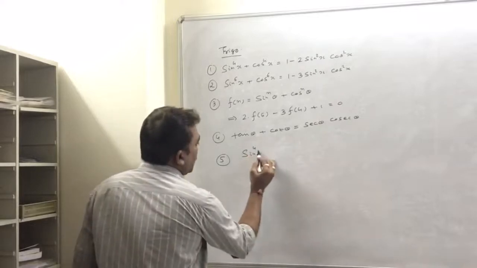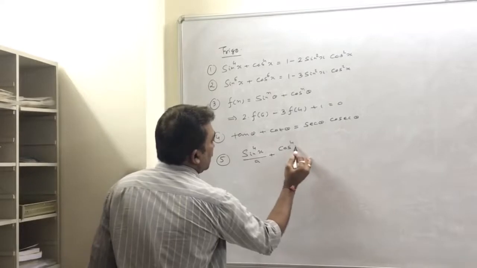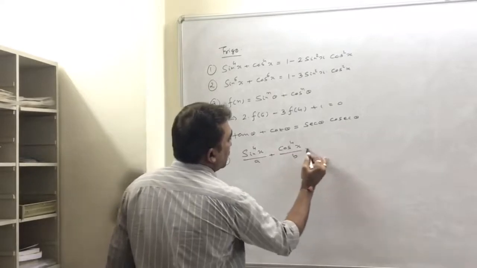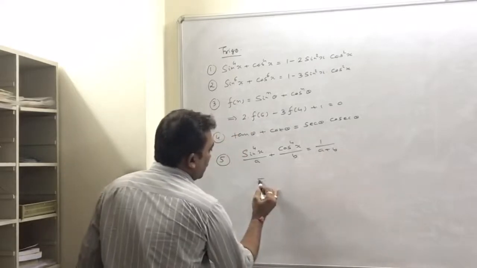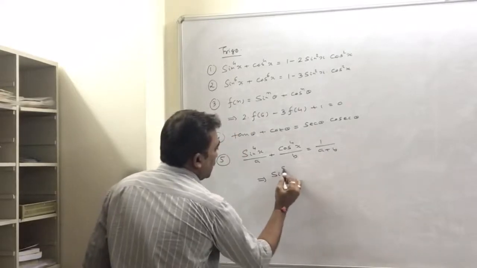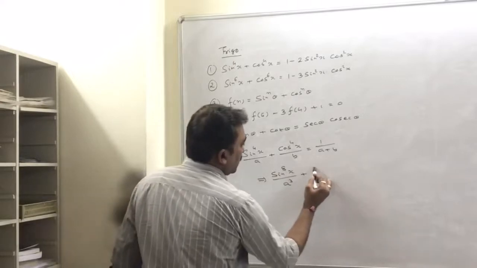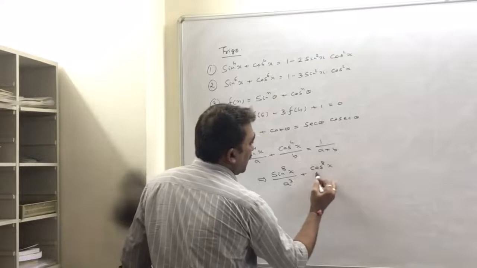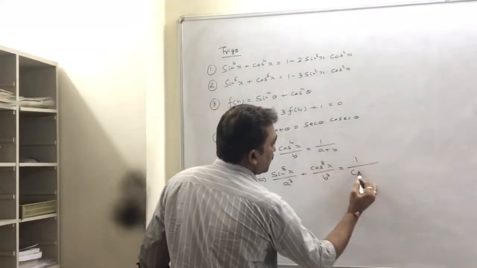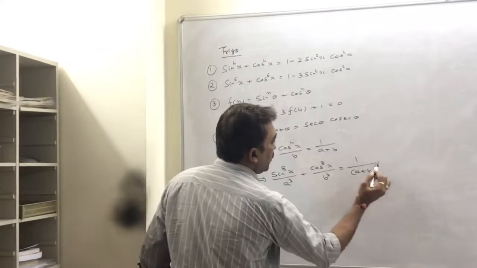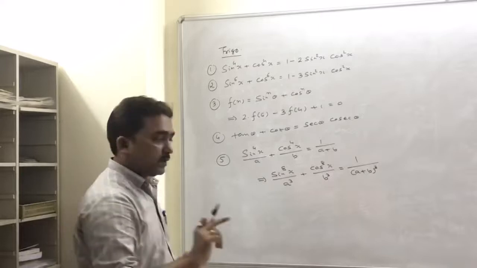If sin x raised to 4 upon a plus cos x raised to 4 upon b is equal to 1 upon a plus b, then sin x raised to 8 upon a cube plus cos x raised to 8 upon b cube is equal to 1 upon a plus b whole cube. This result has been used, and it is a question asked in JEE.